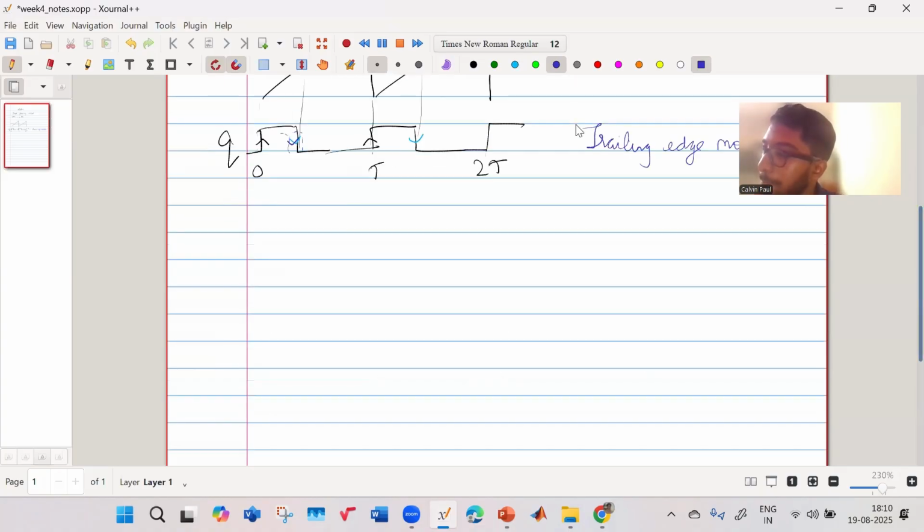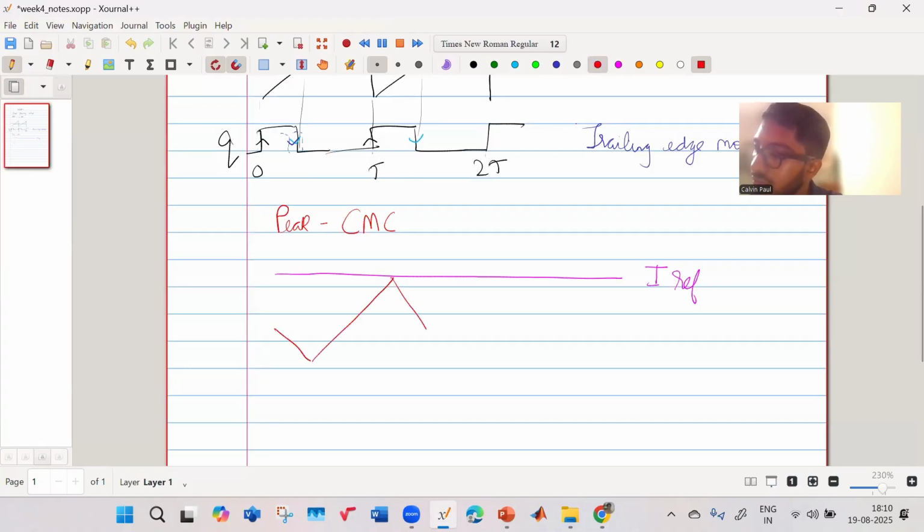Now we'll consider the case of peak current mode control. What do we have in peak current mode control? We have our main reference, and this is our current. Our current will fall, rise, fall, rise, fall.